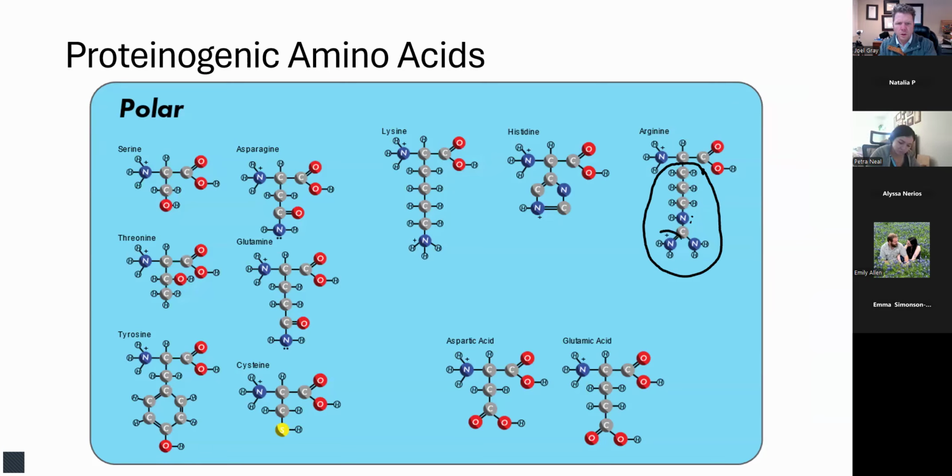This nitrogen right here has 2 bonds to it and 2 hydrogens, hence the positive charge, so it's got 4 bonds going to it. This nitrogen has 3 bonds and a lone pair, but spoiler alert, this whole group down here is stabilized by resonance. The point is that it has a positive charge there.